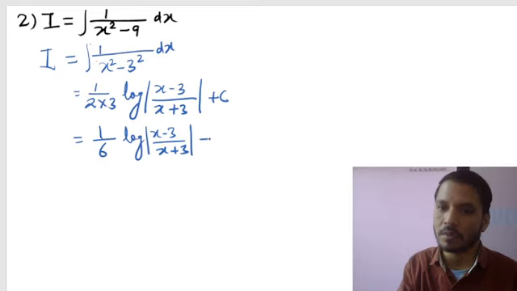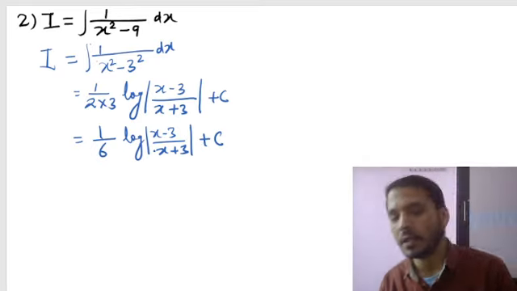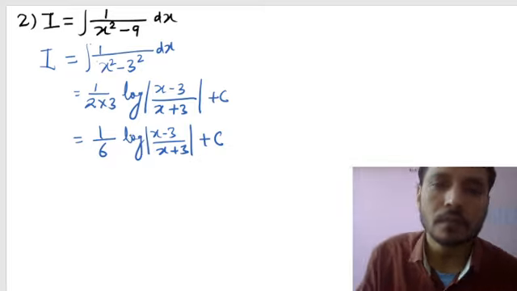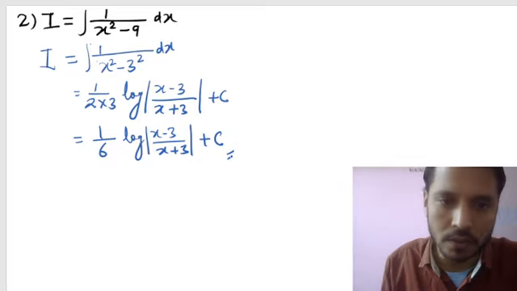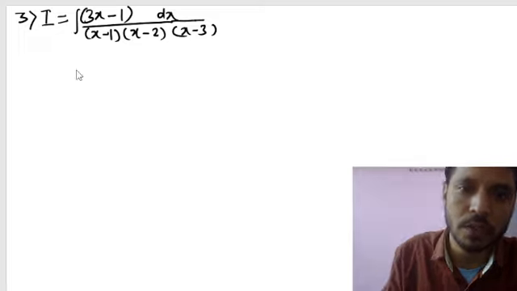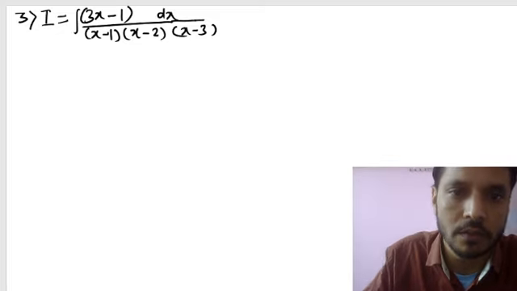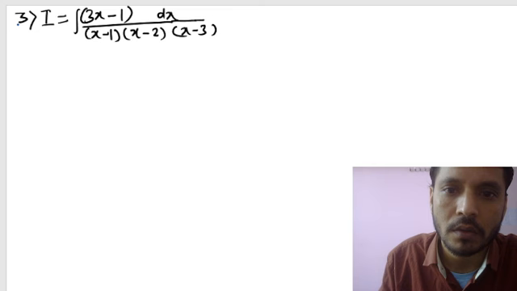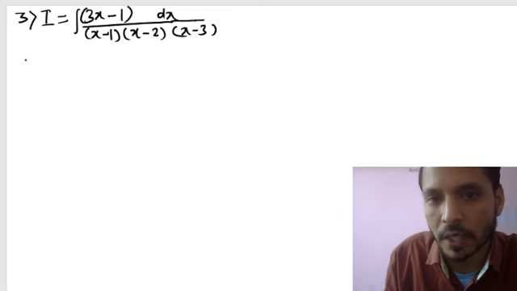It is very simple, or we can apply the partial as well. So this is the answer for this question. Now we'll move to the next one. Here again we have linear upon cubic, which means we will apply the partial.